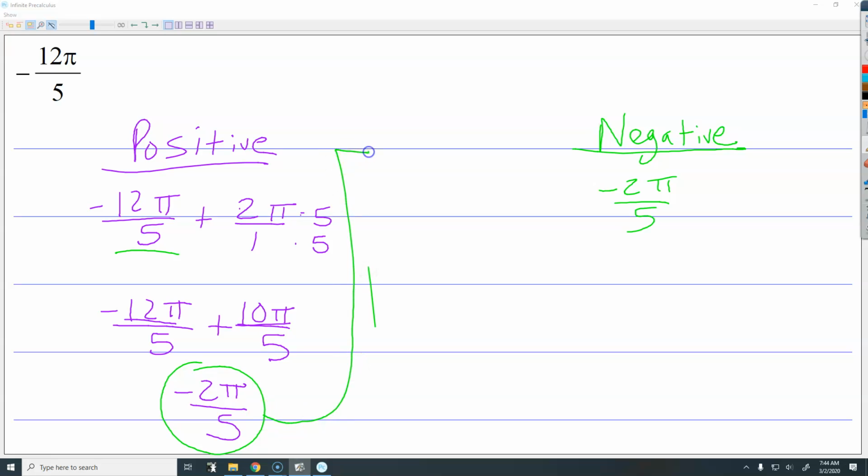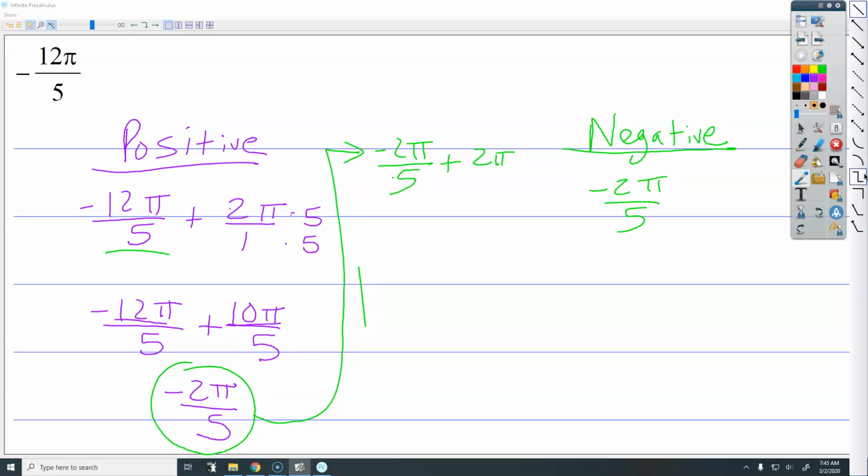So if I want to get a positive, I still need to add 2 pi again. So we're going to have negative 2 pi over 5 plus, now I'm not going to put 2 pi. We could have done 4 pi at the beginning, but here's what I was thinking. We could put 2 pi here, but if I do that, we're going to have to get a common denominator again.